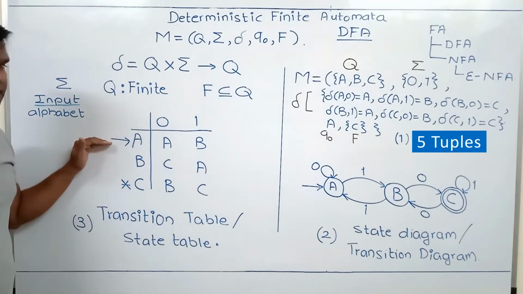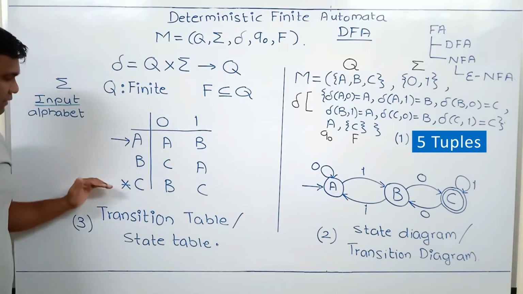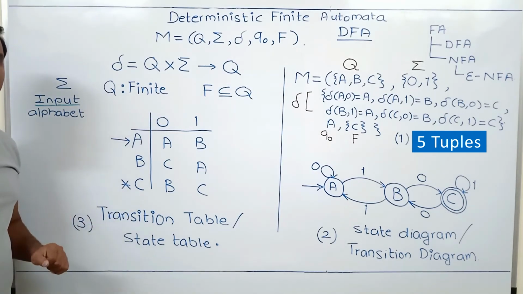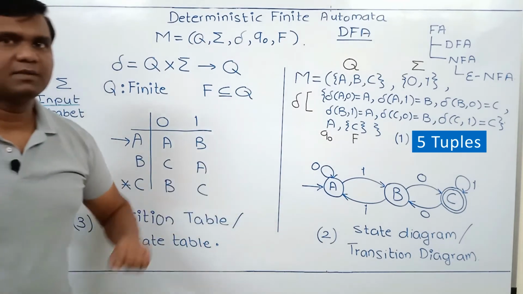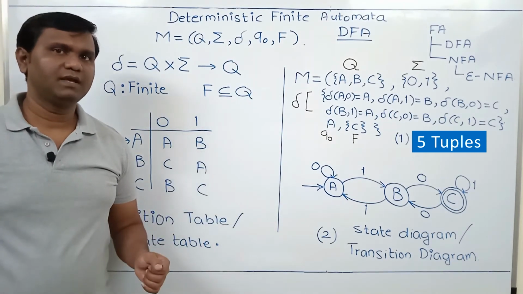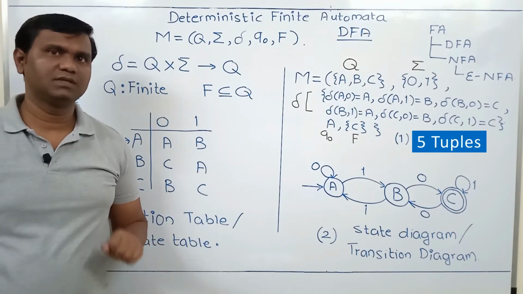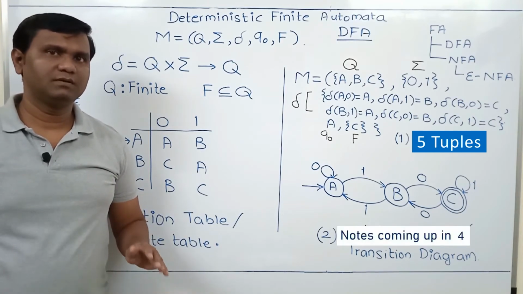Q0 initial state is indicated using this arrow and final state is indicated using a star. C is the only final state. So these are three different representations of the same DFA. In exam, they can use any of these formats for asking the question. You should be comfortable with all of the formats of the DFA.